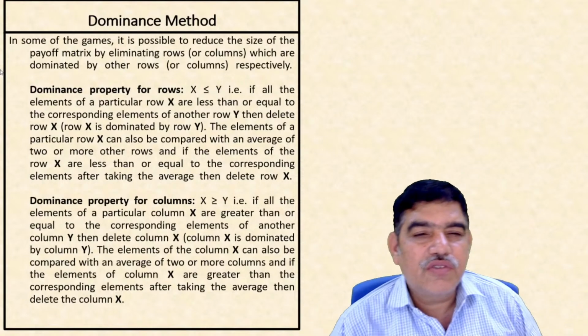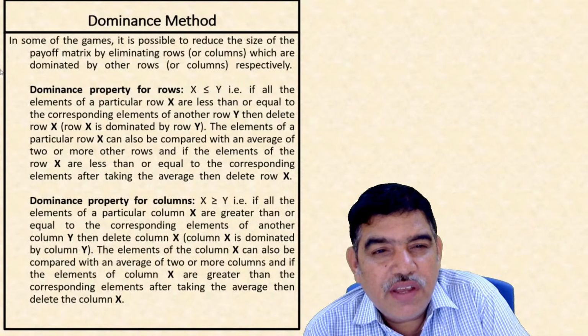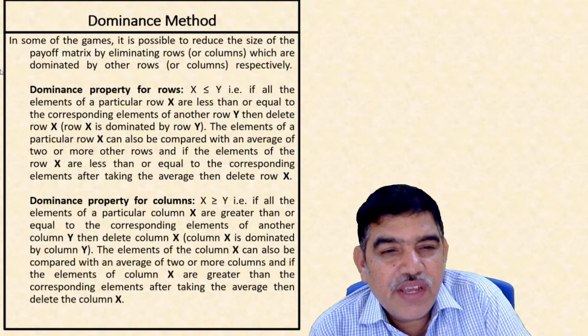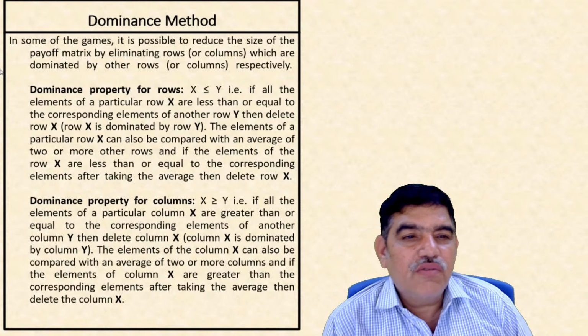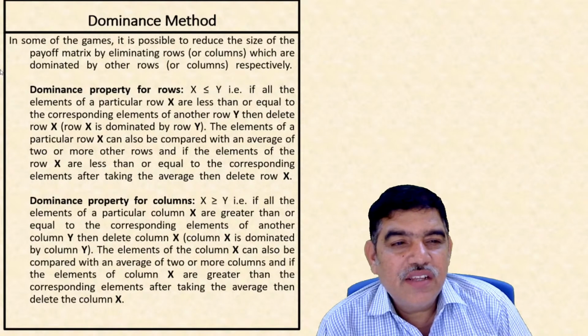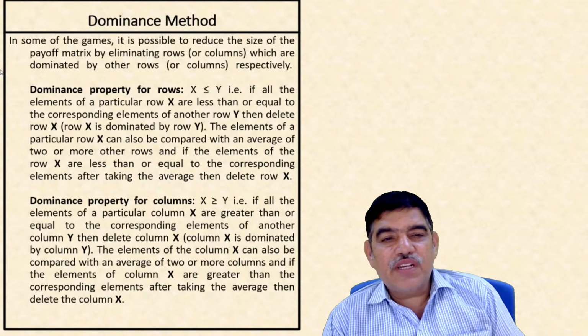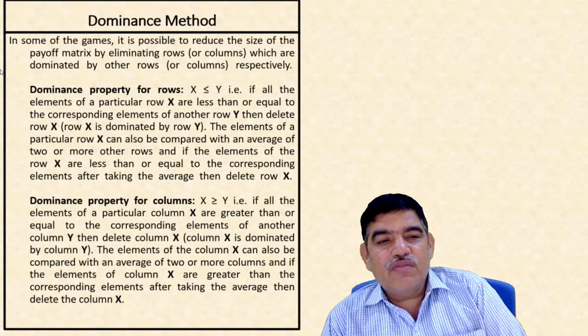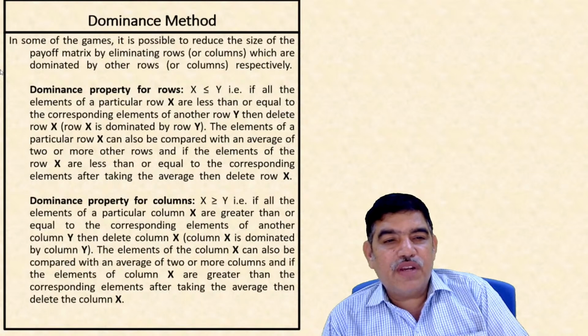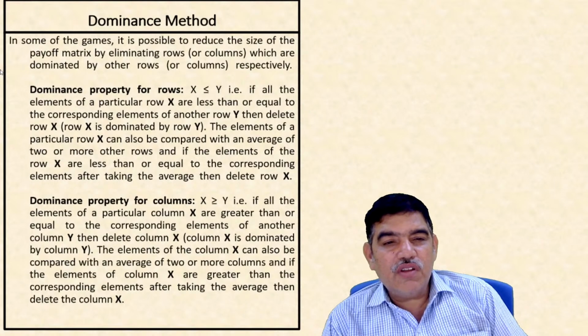Dominance property for rows, how to reduce? X less than or equal to Y: if all the elements of a particular row X are less than or equal to the corresponding elements of another row Y, then delete the row X. Row X is dominated by row Y, so we eliminate the row X. The elements of a particular row X can also be compared with an average of two or more other rows.